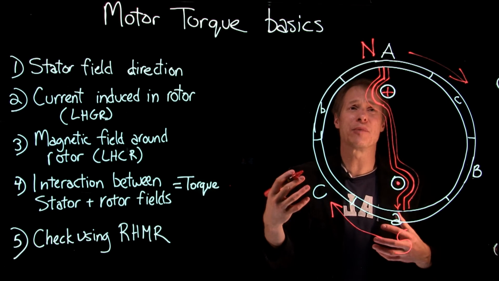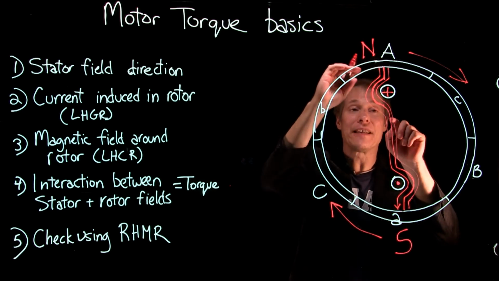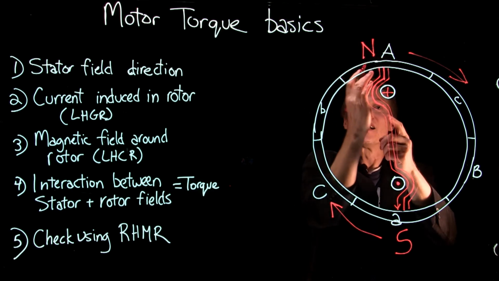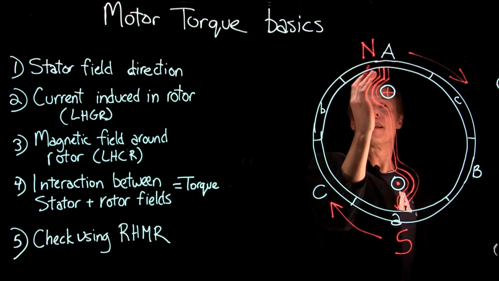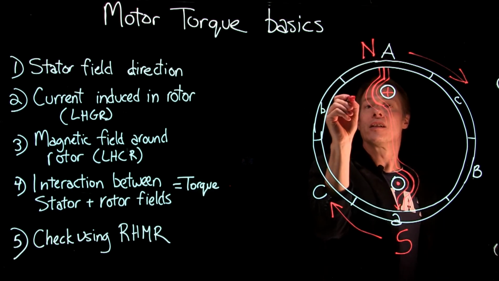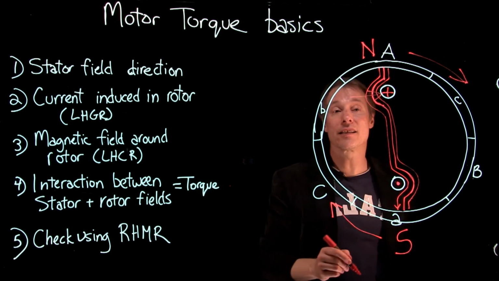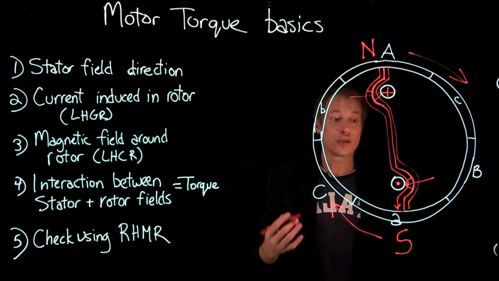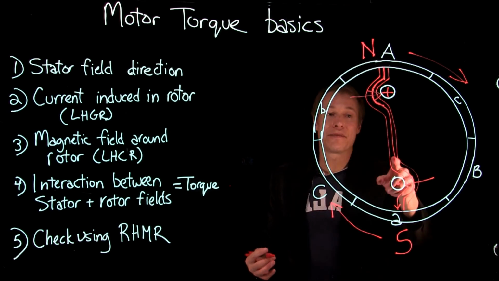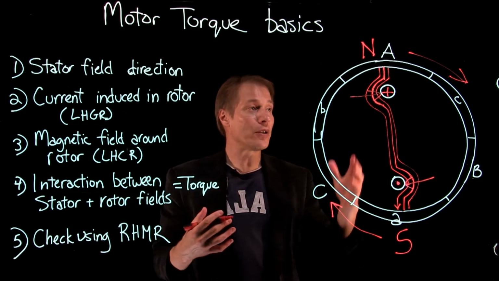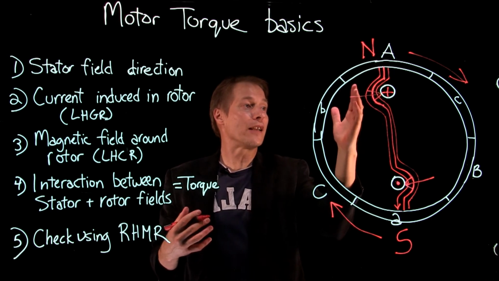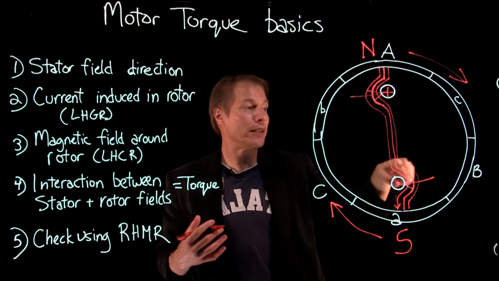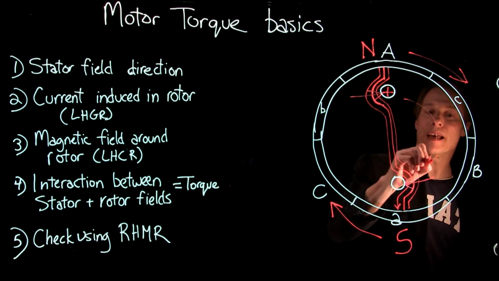A way of thinking about it is this: if this was a string and I was pulling this string tight, does it make sense that there's going to be a force on this side of the conductor going from, in this case, left to right, and over here from right to left? And that's what is happening: these magnetic fields want to straighten out. And with that straightening action, they're going to put a force on one side of the conductor and push it in this direction.